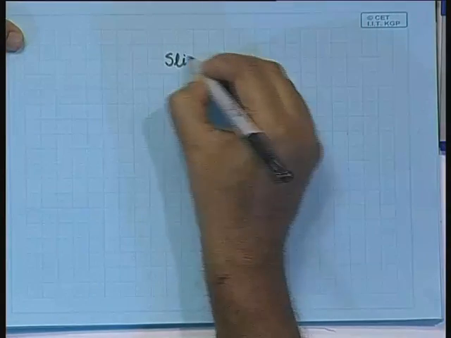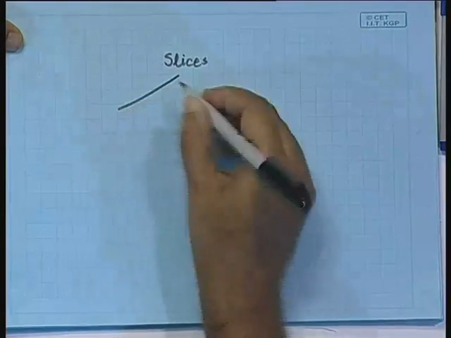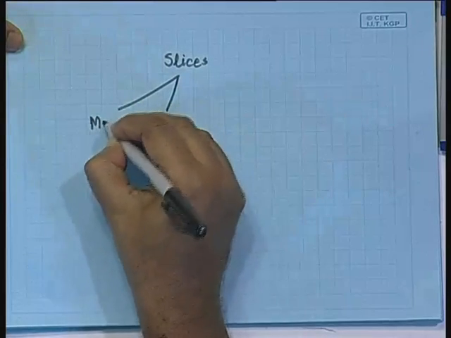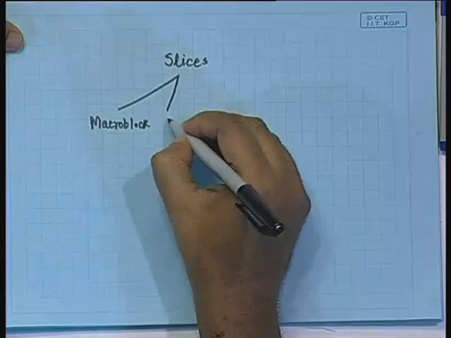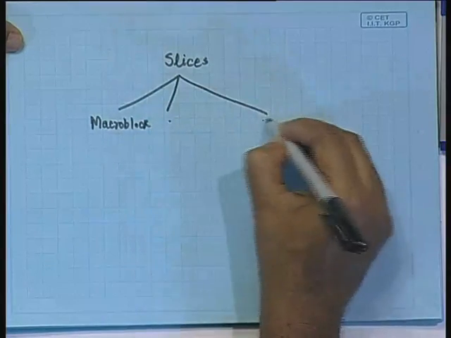Now, when we look at the composition of the slices, they are composed of macro blocks. And what are macro blocks? Macro blocks are basically composed of a group of blocks.